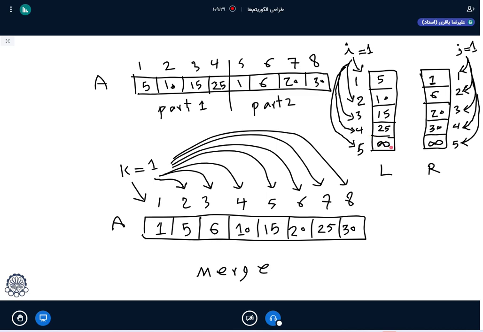So these infinity values help us to have a simpler algorithm. When we reach infinity, then automatically the values of the other part will be copied to the destination. Any question?